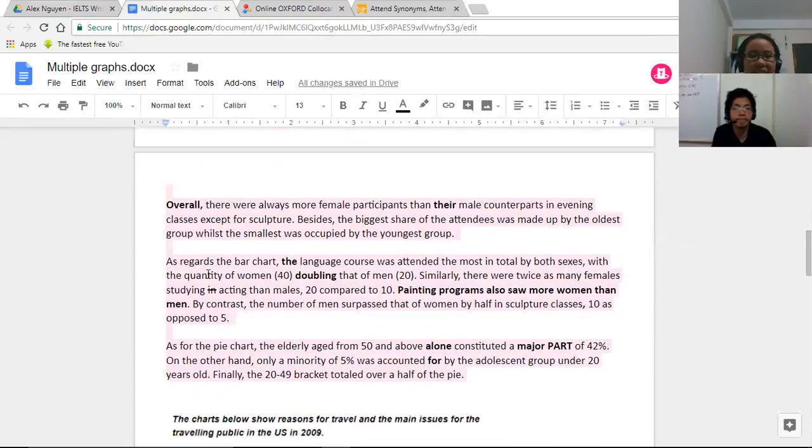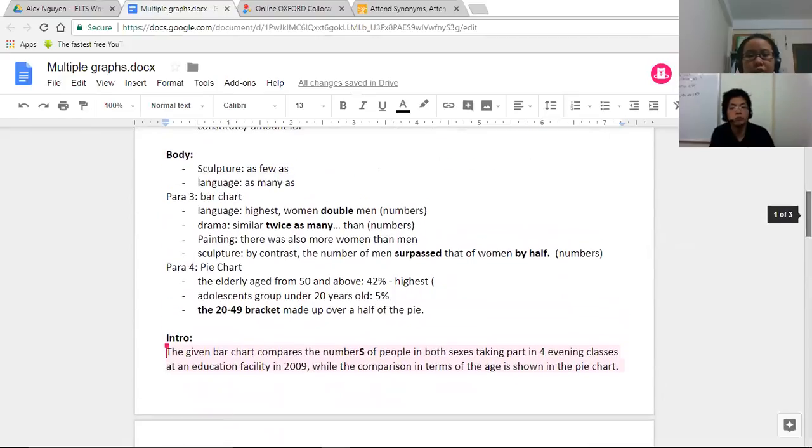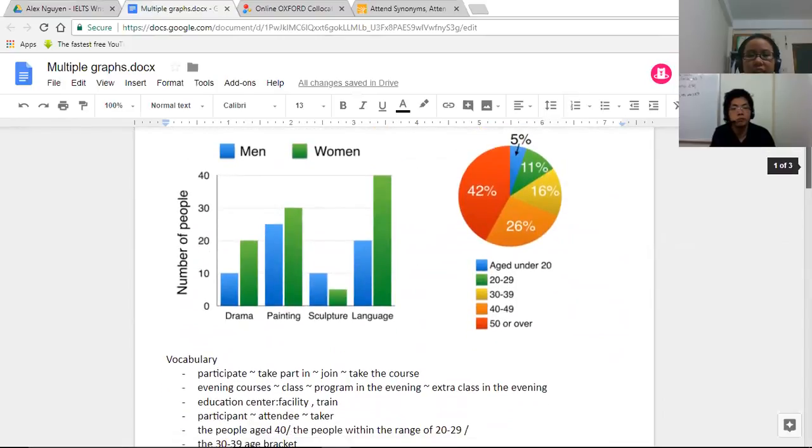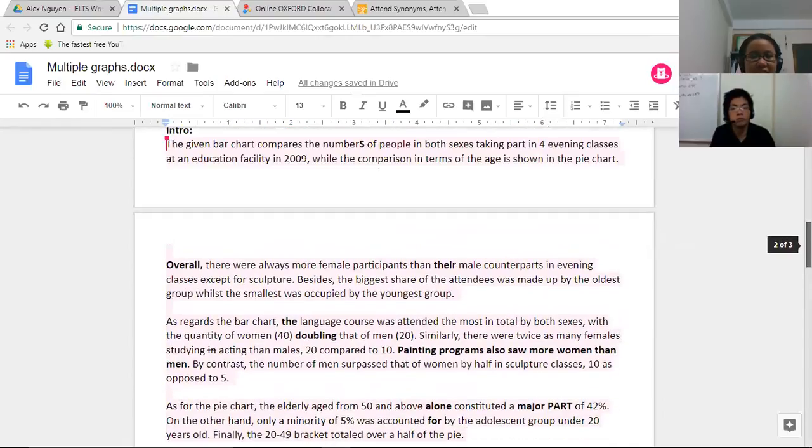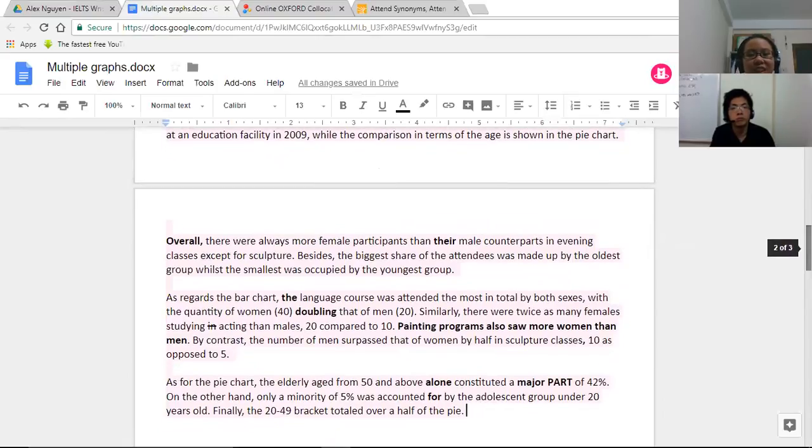I'm checking the content, and you think 199 words is quite long? I don't think so, because the task gives you this much information. It depends on the information that you are given. There are some tasks where you are happy to achieve 150 because you don't know what to write about in that short period of time.